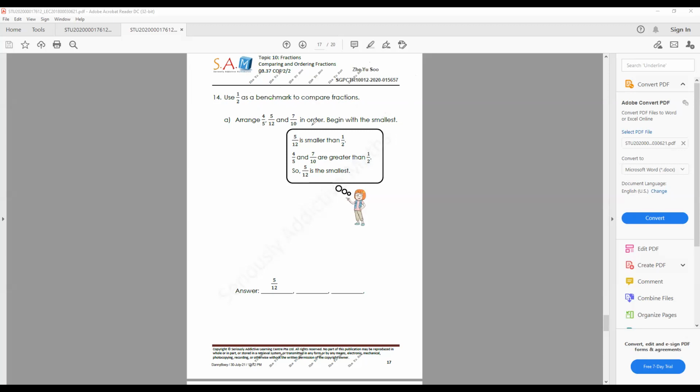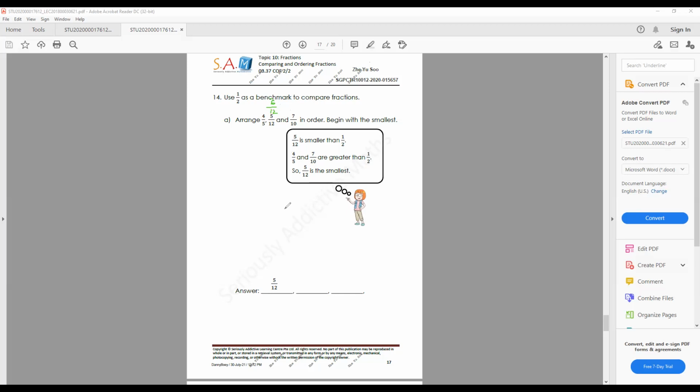Now, which fraction is smaller than half? 4 out of 5, no, greater. 5 out of 12 is smaller than half, because half is actually 6 out of 12. And 7 out of 10 is greater than half. So we know that 5 out of 12 is the smallest.